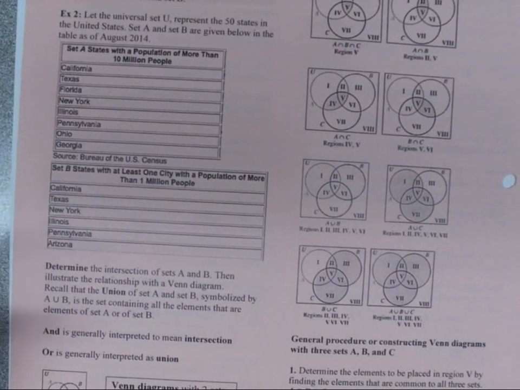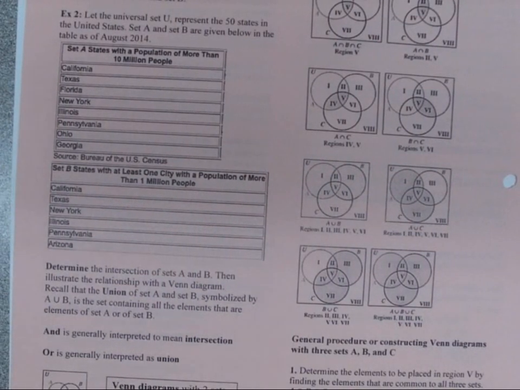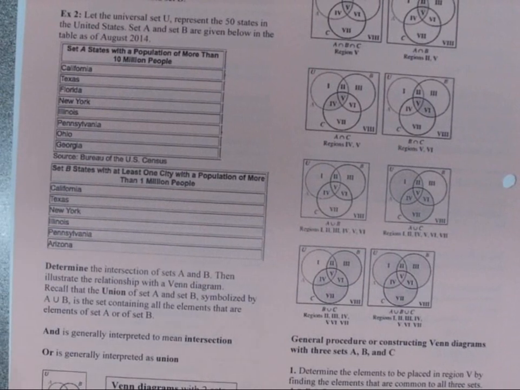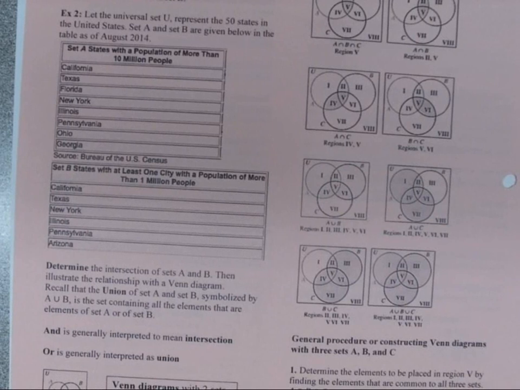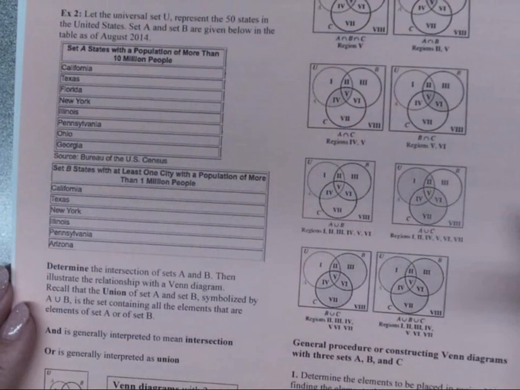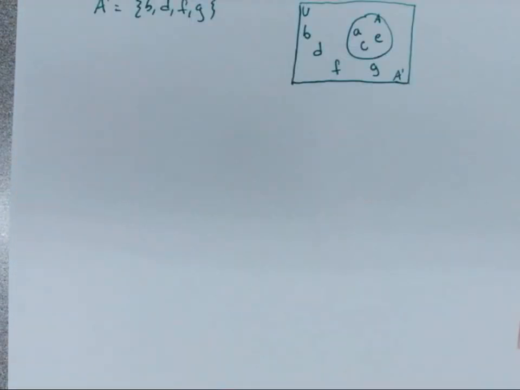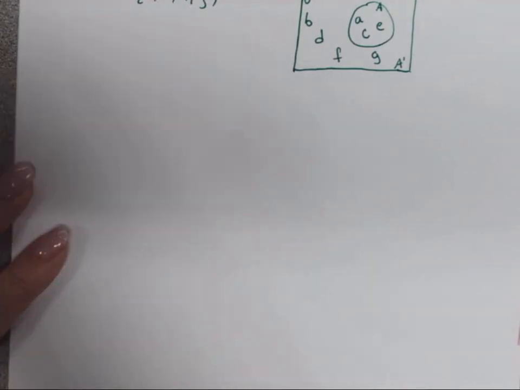Recall that their union is what they have all together, and the intersection, of course, is what they have in common. All right, so let's go draw this out. So this will be example 2.